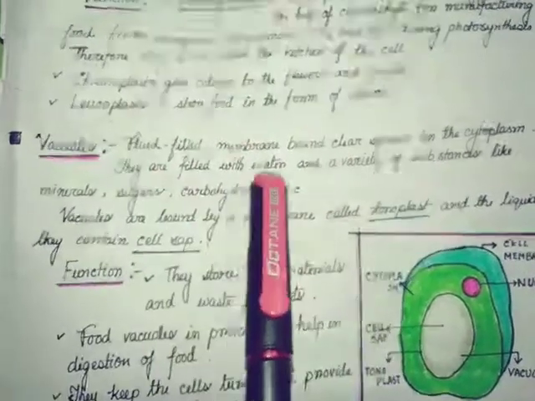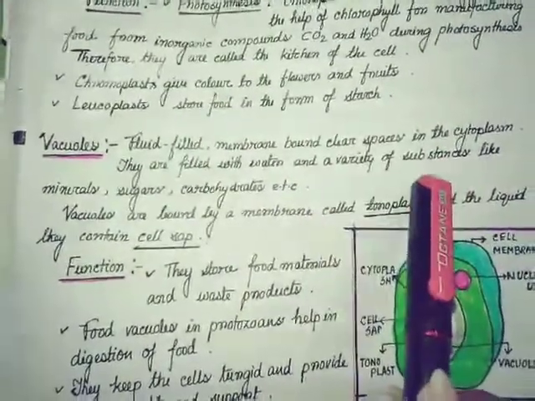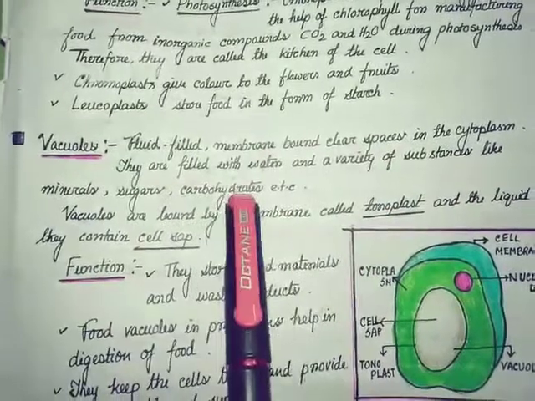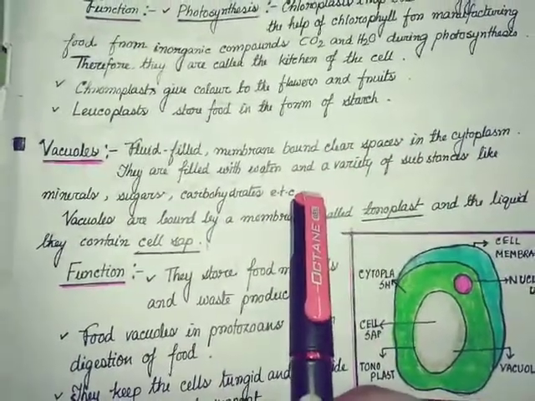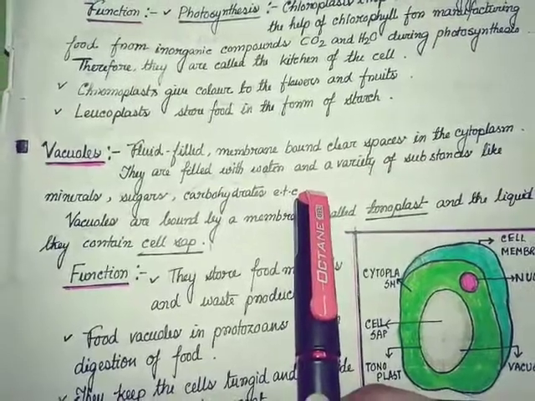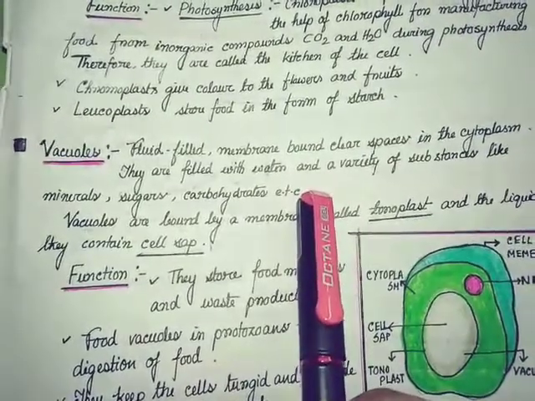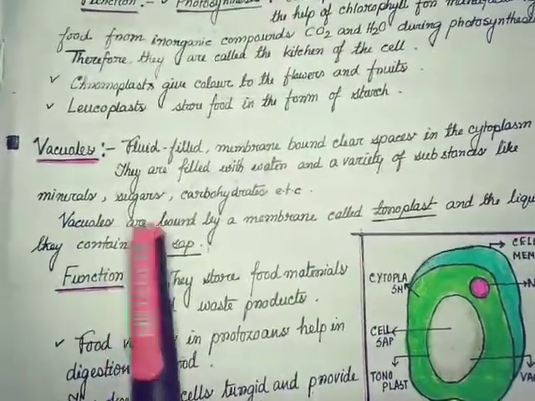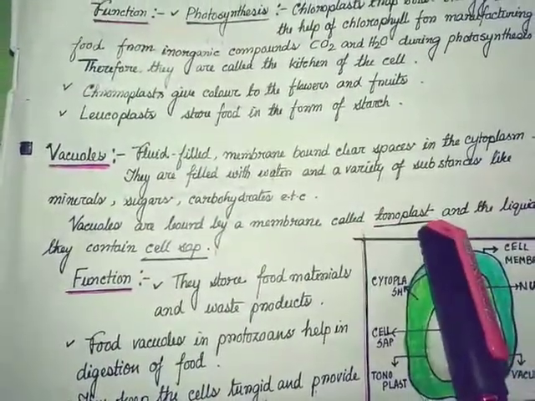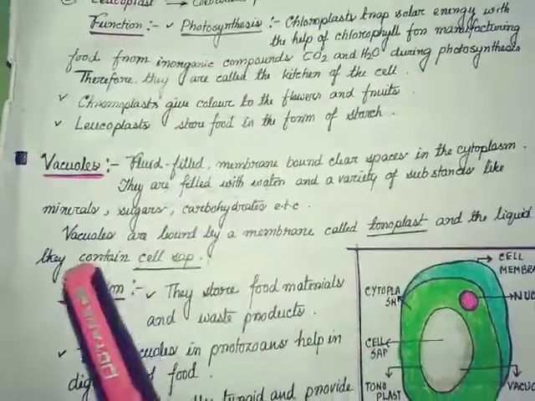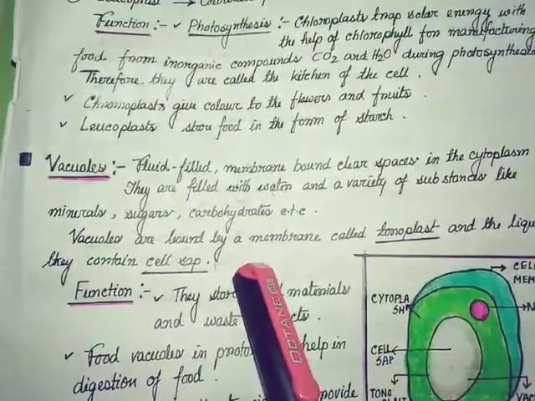They are filled with water and a variety of substances like minerals, sugars, carbohydrates, etc. Vacuoles are bound by a membrane. The membrane of the vacuole is termed the tonoplast, and the liquid they contain is the cell sap.